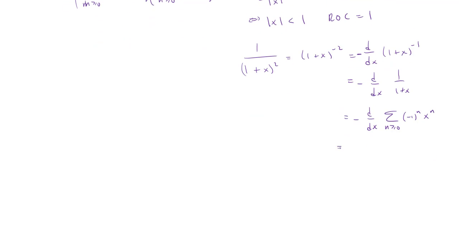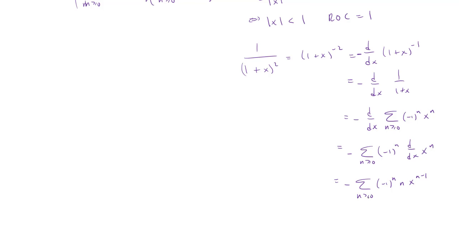And now I'm going to bring this derivative inside. In fact, I get to bring it all the way inside, even the alternator. And so all I have to do is differentiate x to the n. So I get negative this sum, negative 1 to the n, n x to the n minus 1.